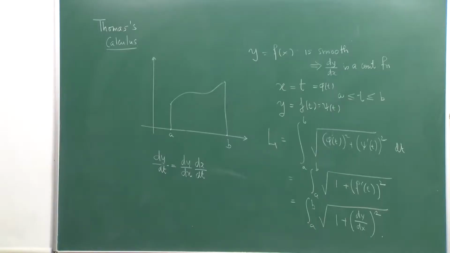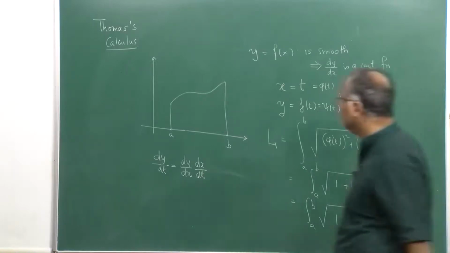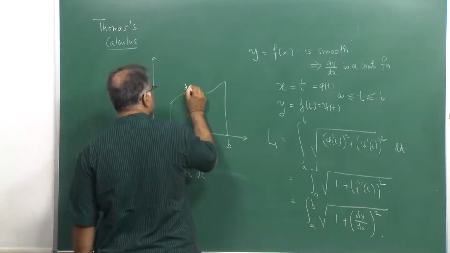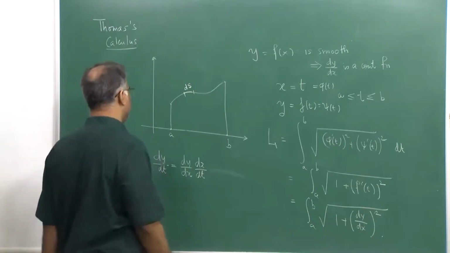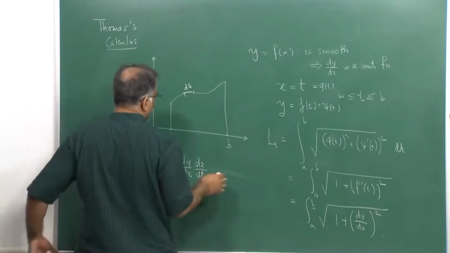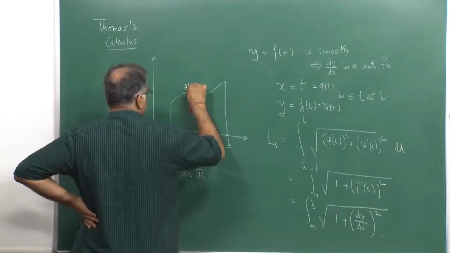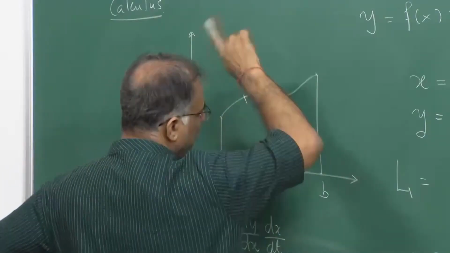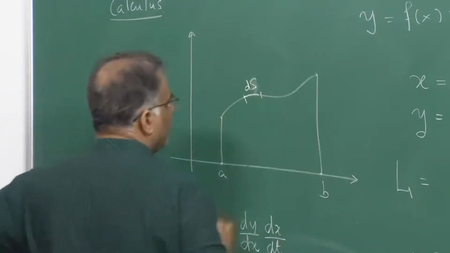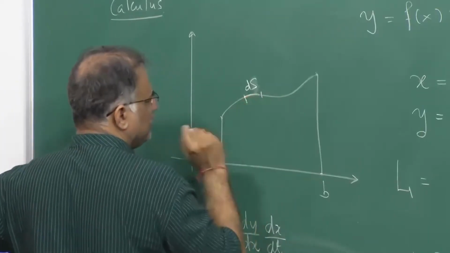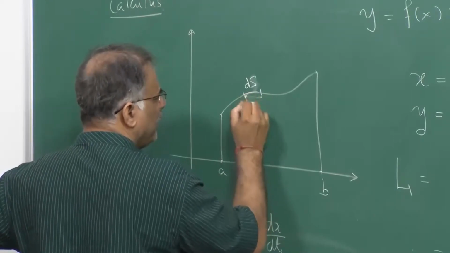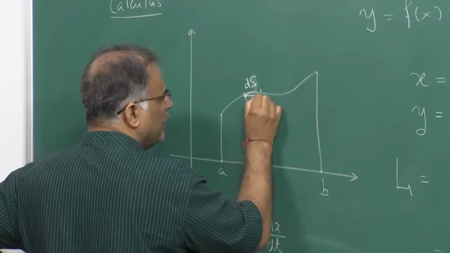There is another way of looking at the length of this curve. You take a very small elemental part here, these are called elemental parts in calculus, and call this length ds, where s is the arc, a typical symbol of an arc. So, assume that it is almost straight. Now this point is some x, y, this point is some other x, y. So this is the change in x.